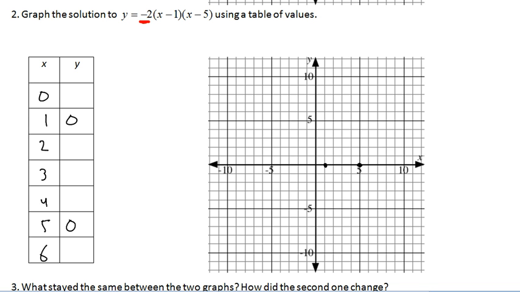But then 5 times negative 2 will give me negative 10. So that'll be 6, that'll be 8, 6, and negative 10. So that'll be negative 10 down there. 6, 8, 6, and down to negative 10 again.